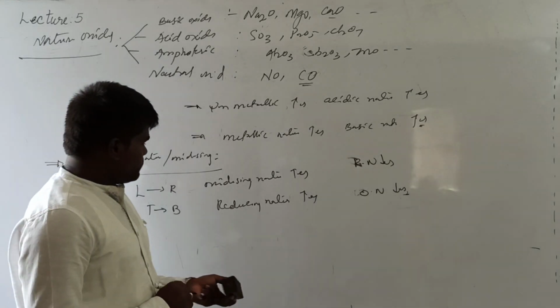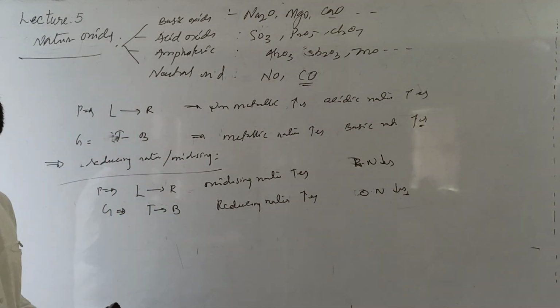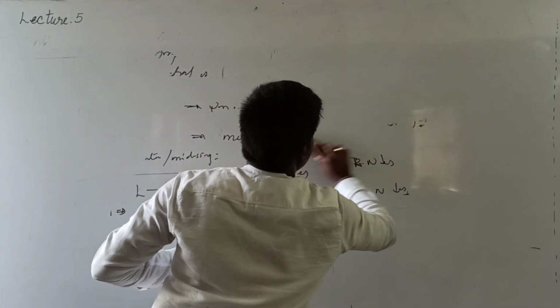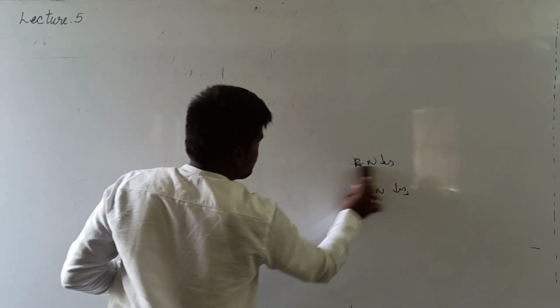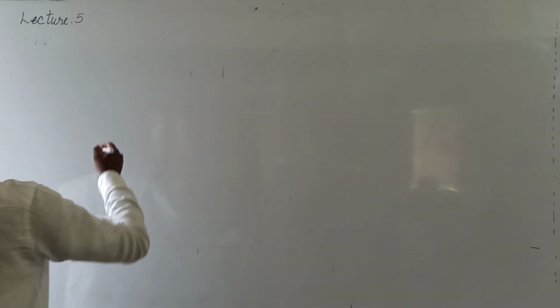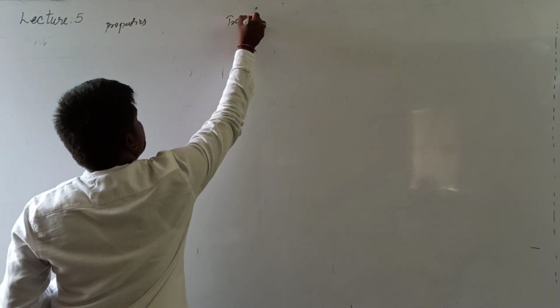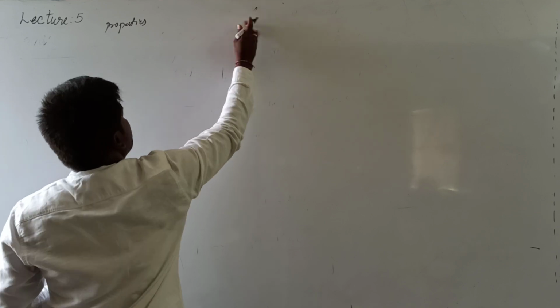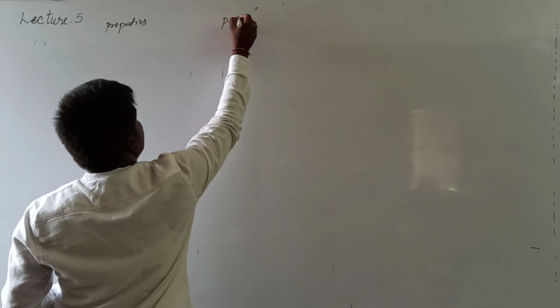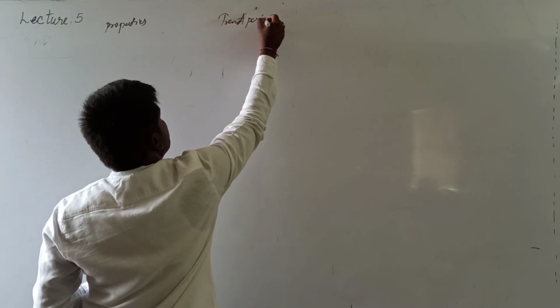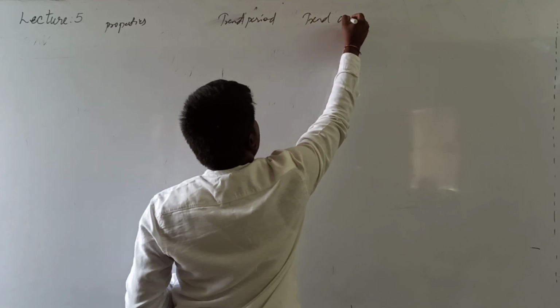Now, let us see the variation of various properties. Here we talk about the properties, the trend in a period and the trend in a group.